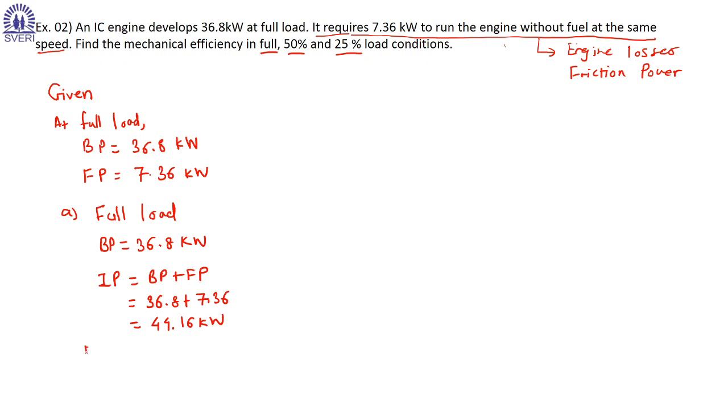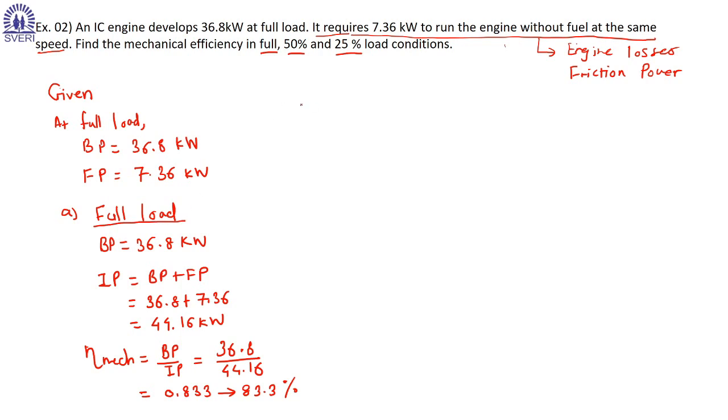And the mechanical efficiency is given by the ratio of brake power and indicated power. So this will be brake power divided by indicated power, which equals 36.8 divided by 44.16. So this gives you 0.833, or I'll say 83.3%. That is your first case, that is the full load condition.